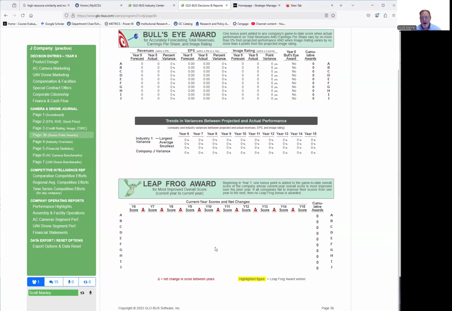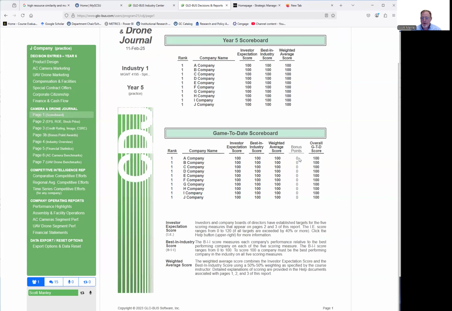Now, you're not going to earn a Leapfrog Award from year 5 to year 6, but if you have the most improvement in your overall score in years 7, 8, 9, you'll win that Leapfrog Award, and you can win multiple of those. Those are bonus points, and they show up on the game to date scoreboard.